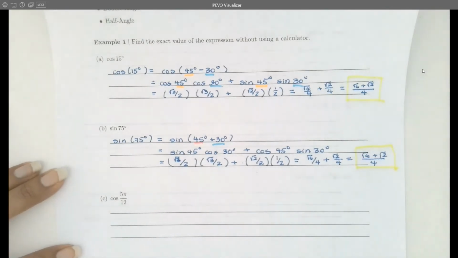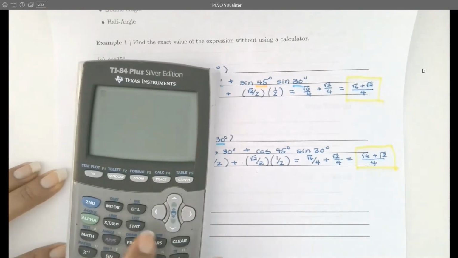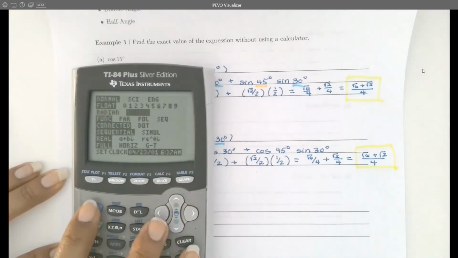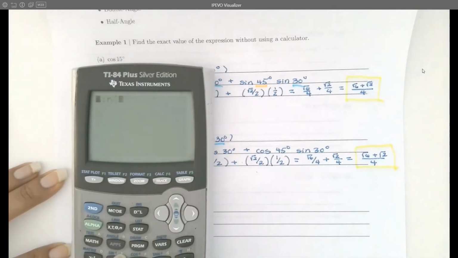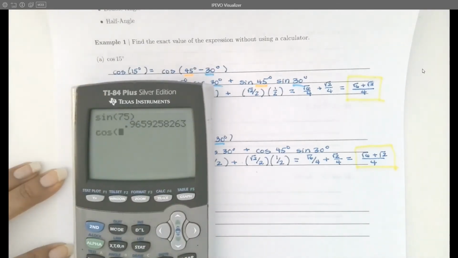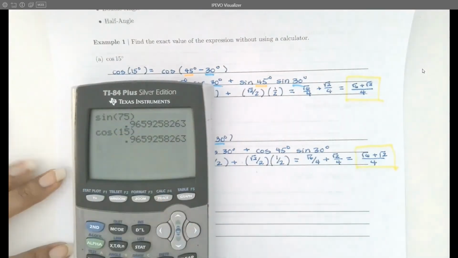So if we look at the calculator, I'll make sure that I change to degree mode. Sine of 75 degrees is equal to 0.9659. And if I take a look at what is cosine of 15 degrees, we get exactly the same thing. So it must mean that these two fractions have to equal this decimal answer.